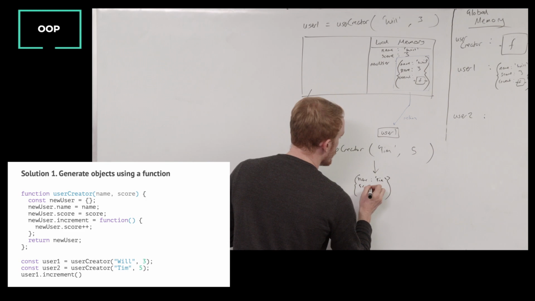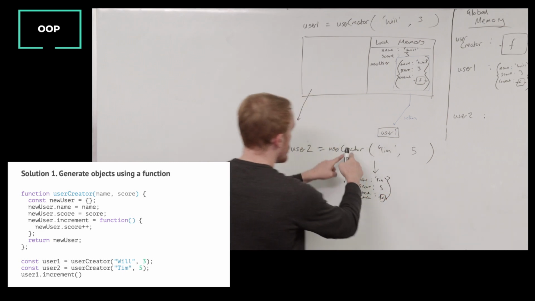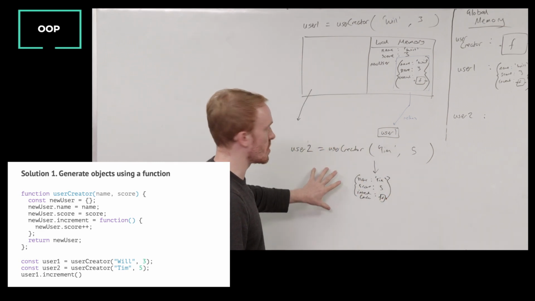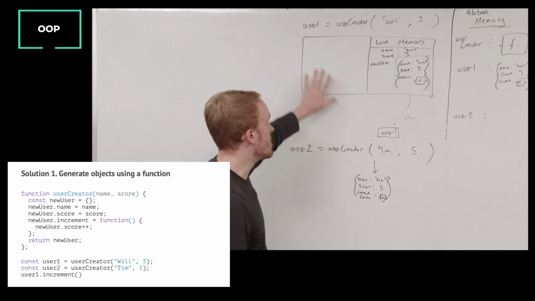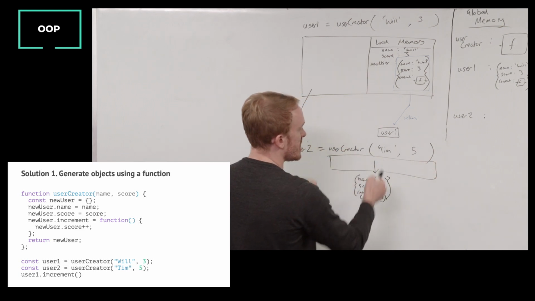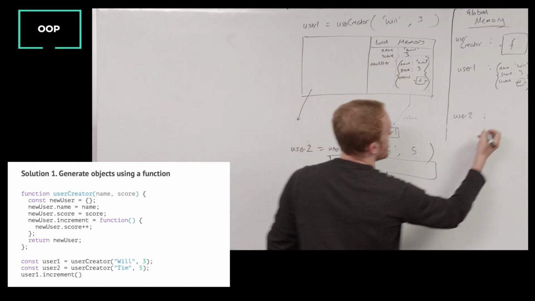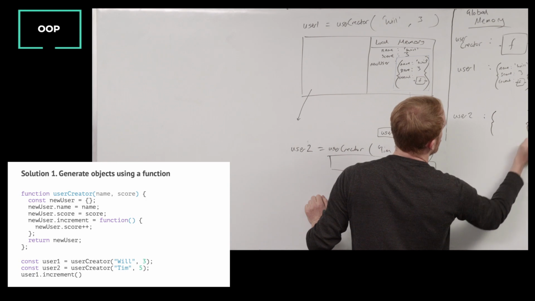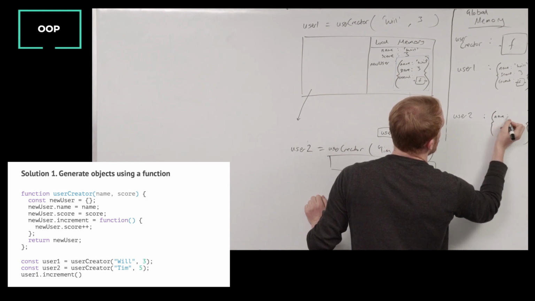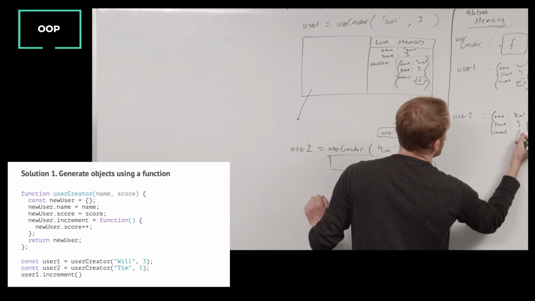A brand new one. All of these were created inside userCreator, just like this, but we're not going to copy it out all over again. Everyone clear on that? We created an execution context, and it all got done, and out returned this object into global memory under the label user2.